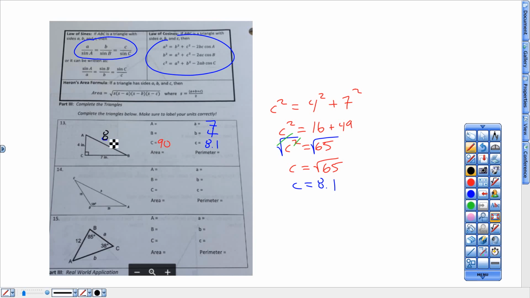I'm sorry. So let's go back to that. I'm confusing myself. So cosine B would be opposite over hypotenuse, right? And then you're going to have to inverse cosine that.